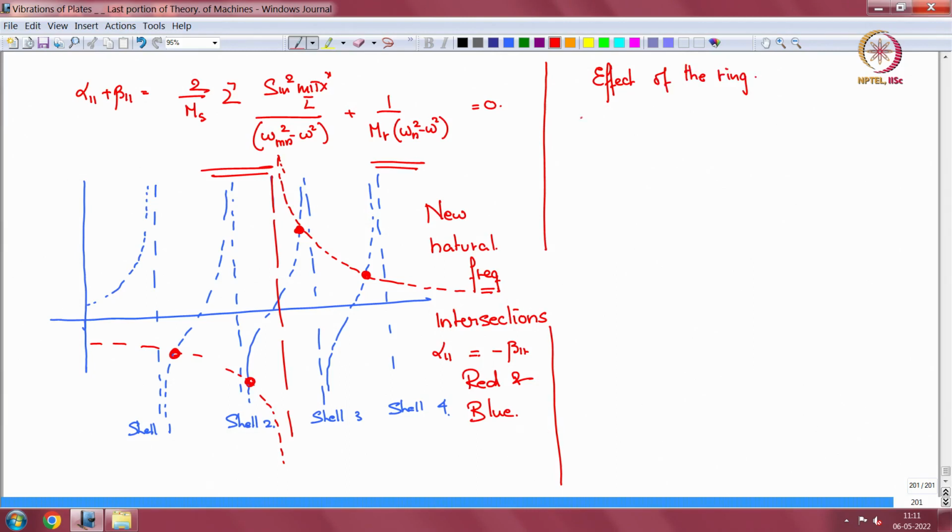Where the ring natural frequency is higher than shell 1 and shell 2, then those frequencies get raised.